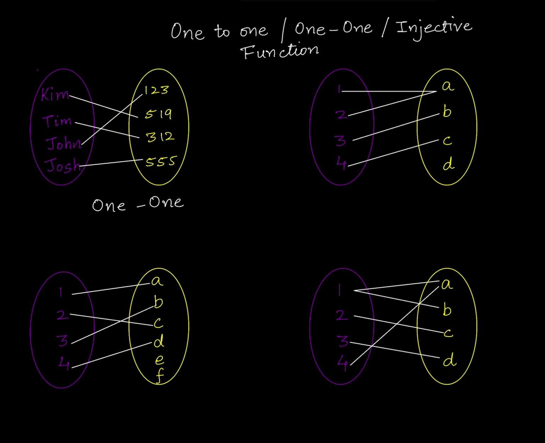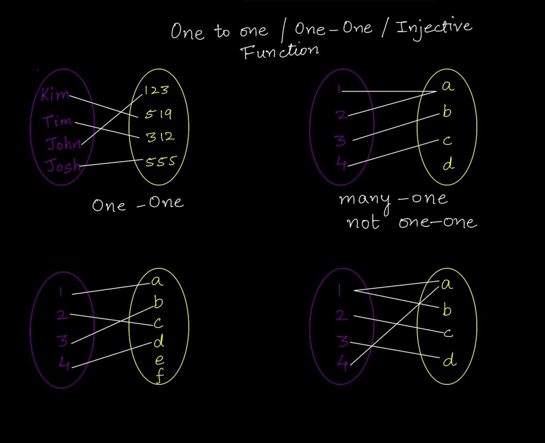In the second case, output A is related to two inputs. So this is not 1-1. We call it many to one, or simply not 1-1. Guess about the third one first.